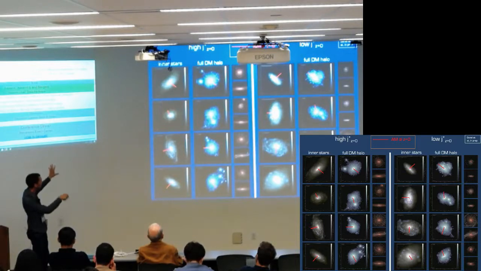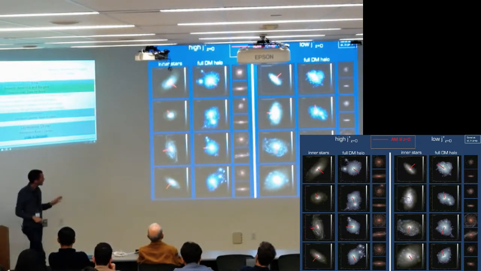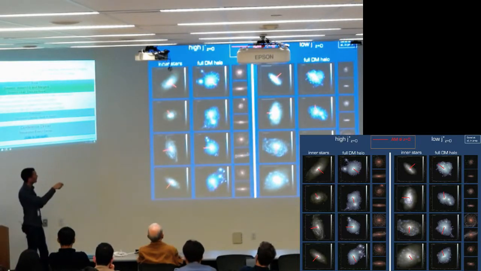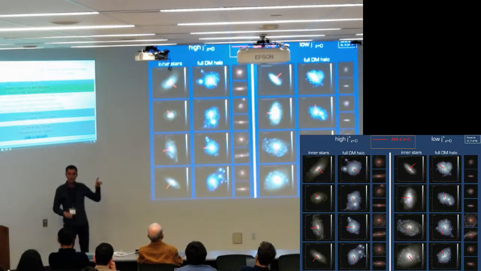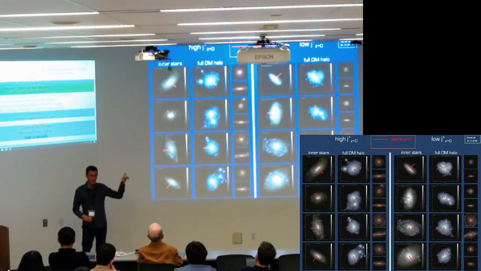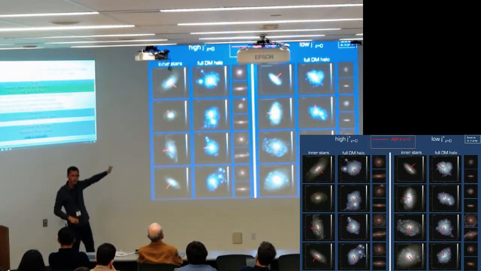These are not face on or edge on. The red line shows the direction of the angular momentum at redshift 0, here for the stars and here for the dark matter. The lines are all normalized such that they have the same length in 3D space, so if you see a short line, it means it's pointing inwards.